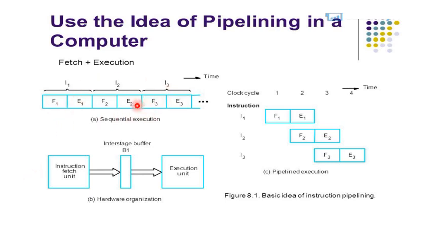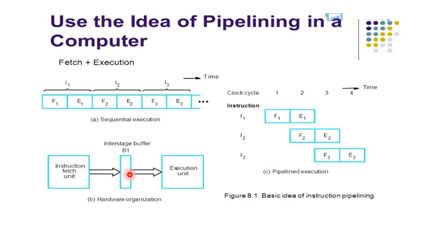Now consider a computer that has 2 separate hardware units, one for fetching instructions and another for executing them, as shown in this figure. The instruction fetched by the fetch unit is deposited in an intermediate storage buffer B1.